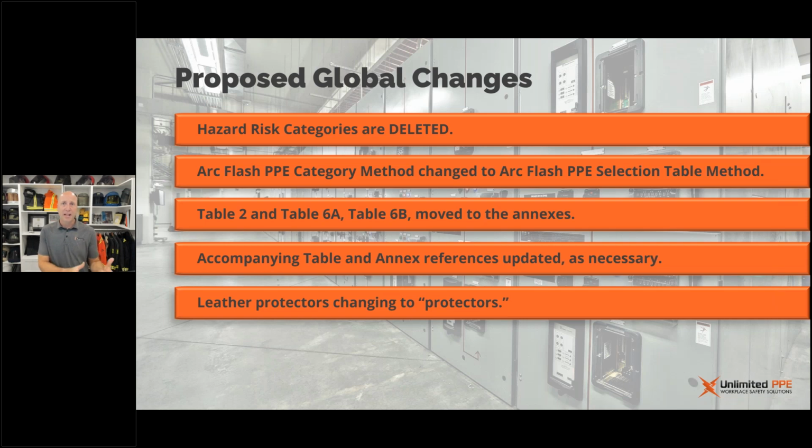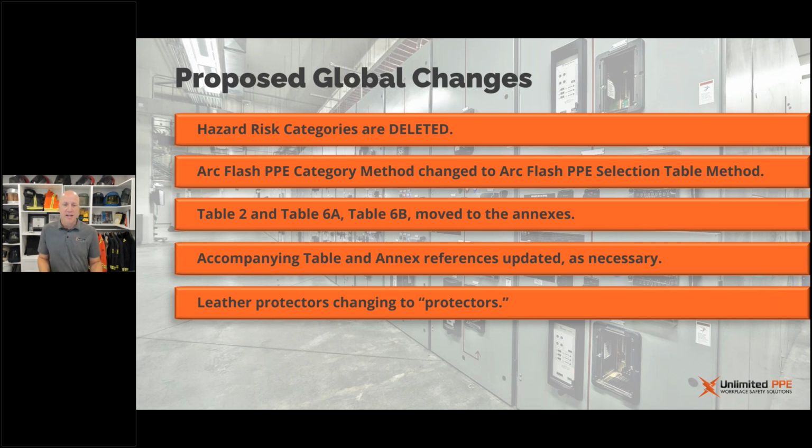So the likelihood of occurrence component, table 2 that was in Z462, is now being moved to Annex F. It was a tremendous resource and will continue to be a great resource for employers that are managing risk assessments for arc flash. The difference is it's just not in the body of the standard. It will be moved to the risk annex.